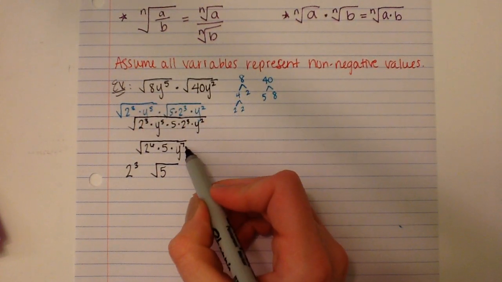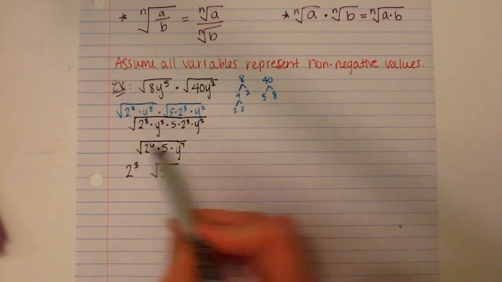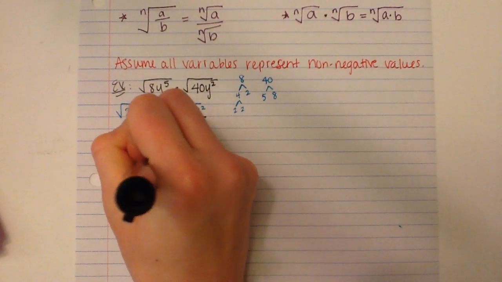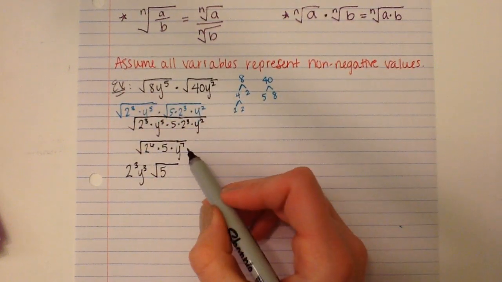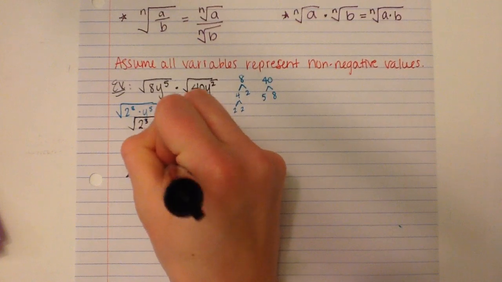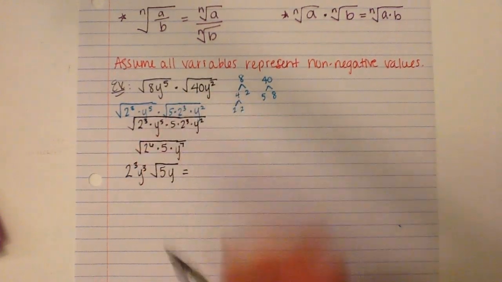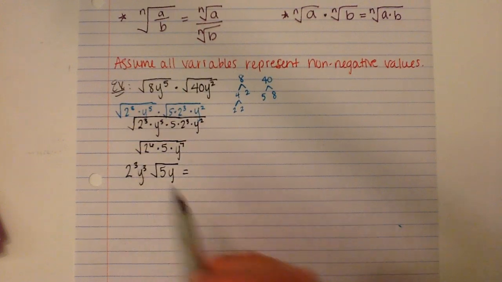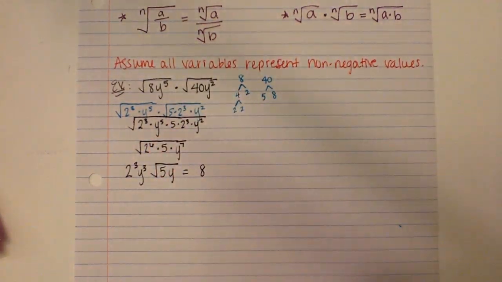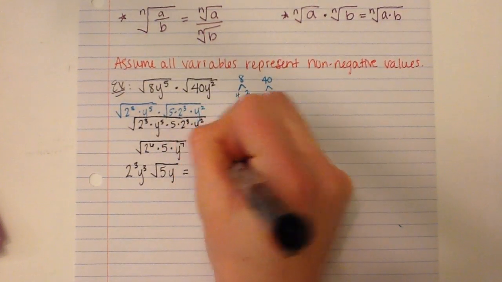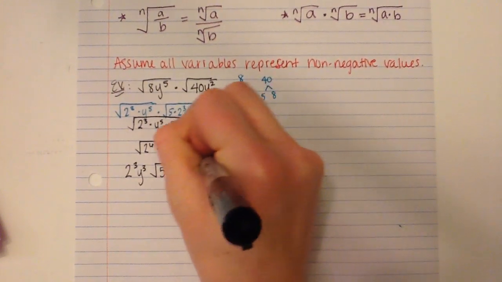We have y to the 7th. Well, our index is 2. We can get 3 groups of 2 to go into 7. So y to the 3rd. And 3 groups of 2 is 6, so we're left over with 1y. So if we simplify that even more, 2 cubed is 8. And we're going to leave y to the 3rd times the square root of 5y.